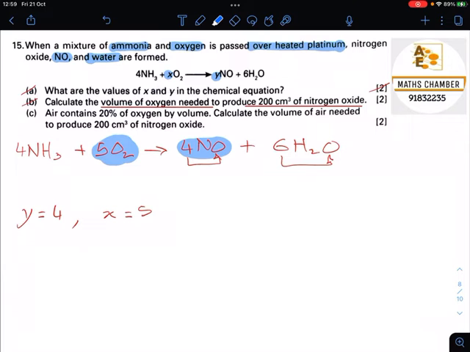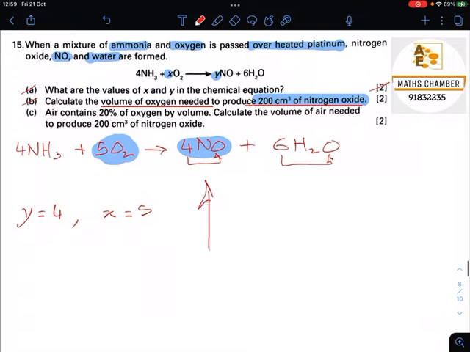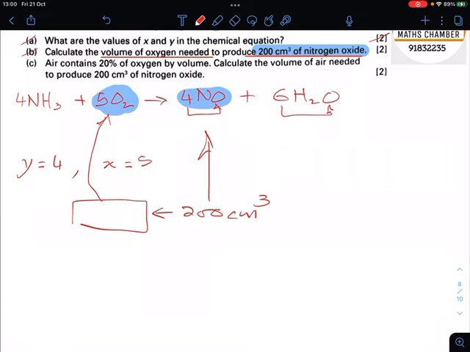Very simple, because the ratio is 5 to 4.